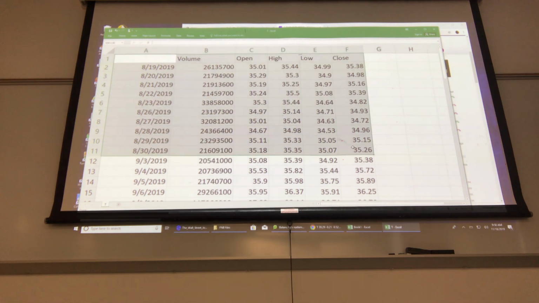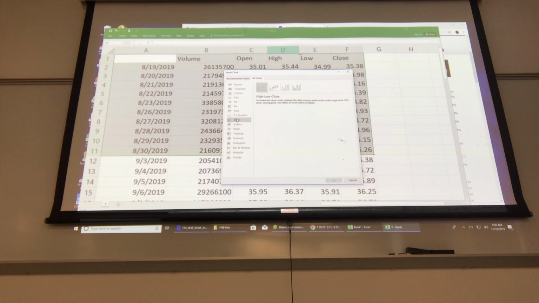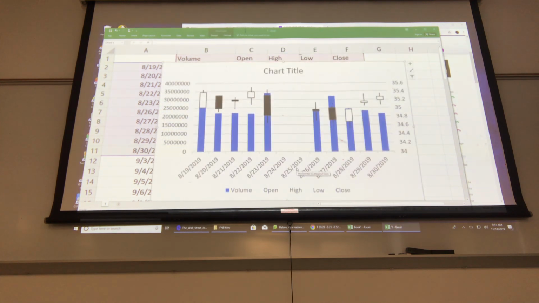I can go on and select the area that I want to graph. I want to insert a chart. I want that chart to be a stock chart, and I can have a graph. This graph here will give me whatever I have.